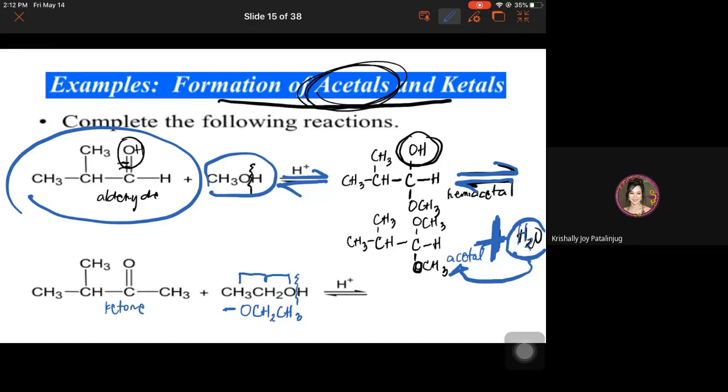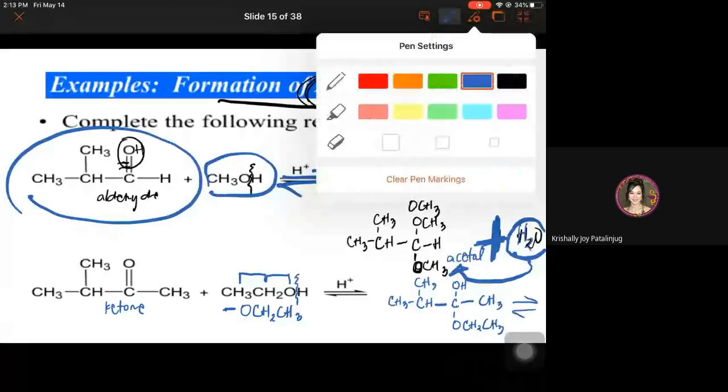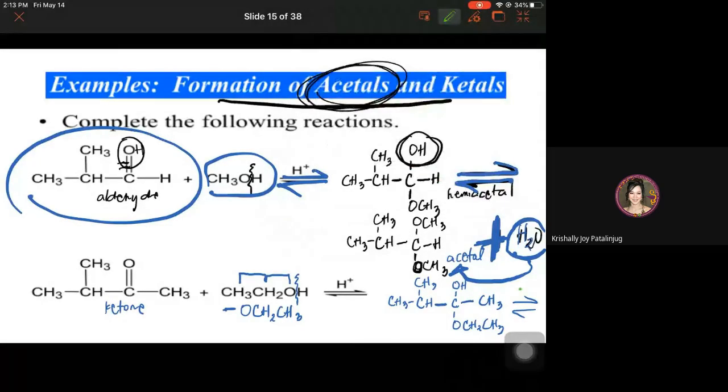Okay, so let me first draw the hemiketal. CH3, CH, then CH3. You have an OH on this part, then the ethoxy, O, CH2, CH3. Then the terminal CH3. Then the reaction will proceed.